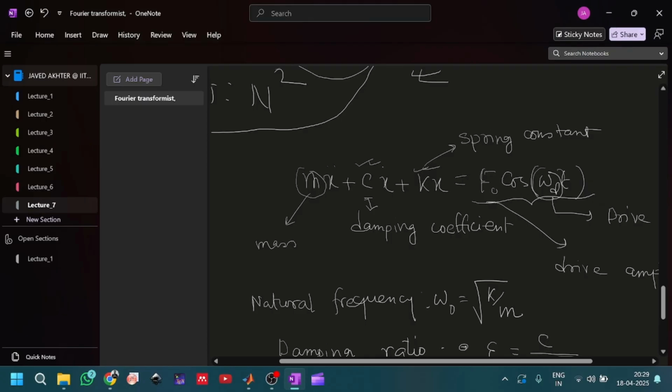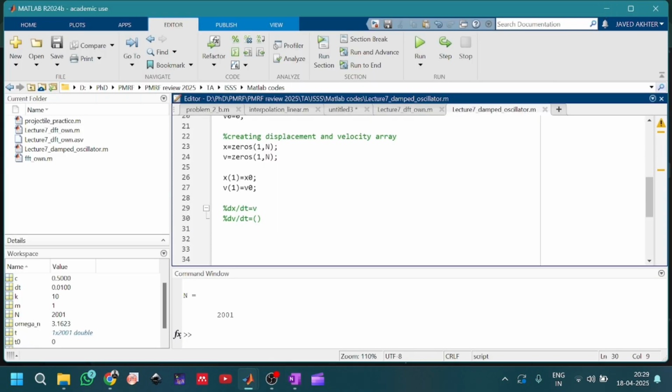If I omit the drive for now, so let us consider f to be 0. So here we will have minus c by m v minus k by m x. So this is the equation which you want to write.